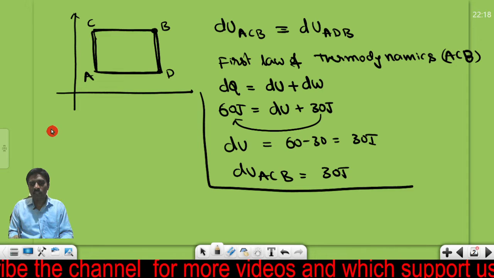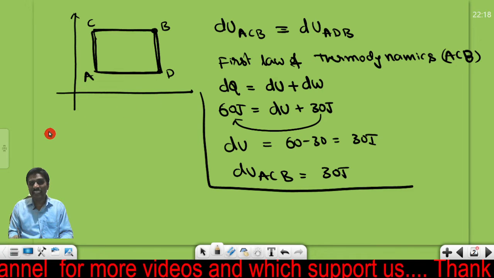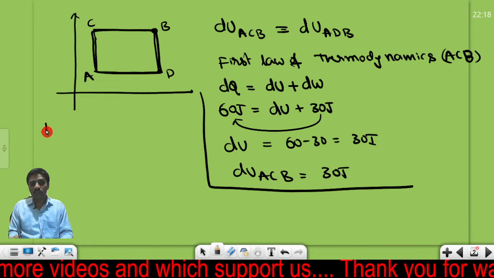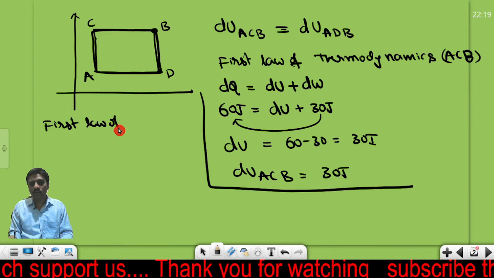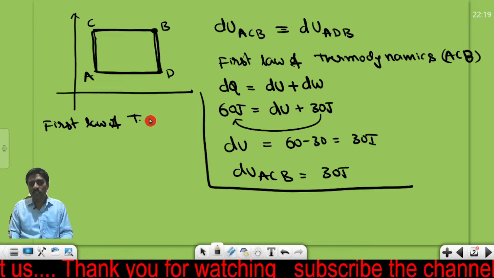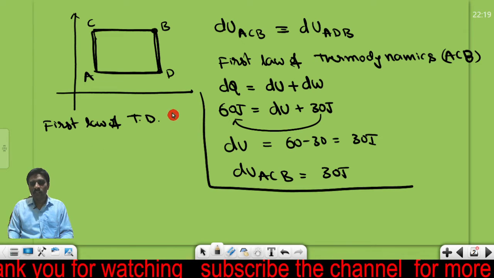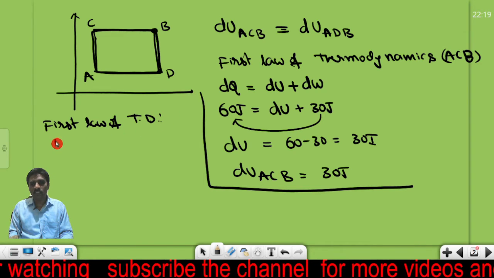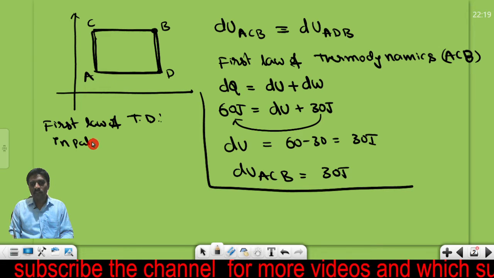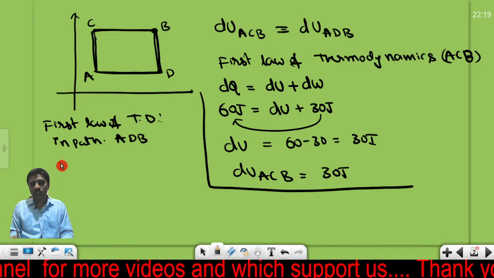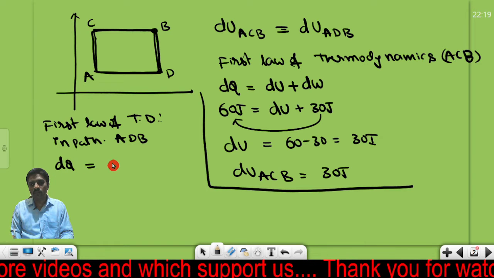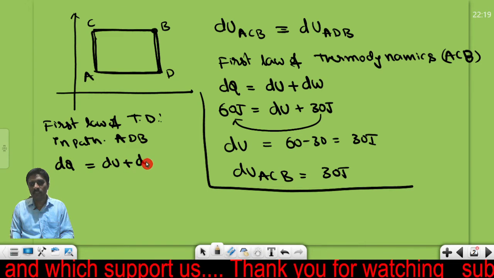In this case we derived the value of the internal energy change at point B, but now I am applying the first law of thermodynamics in the path ADB. So in path ADB, dQ is equal to dU plus dW.